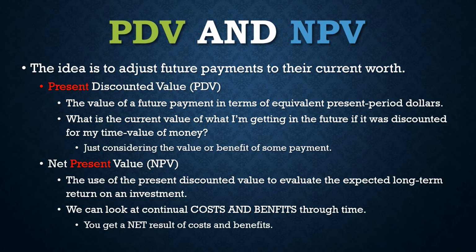If our net present value is negative, then our future costs and benefits end up with more cost than benefit. This is the main distinction, though I have listed here much for you to think about, and how the present discounted value is slightly different than the net present value and when you should use them.